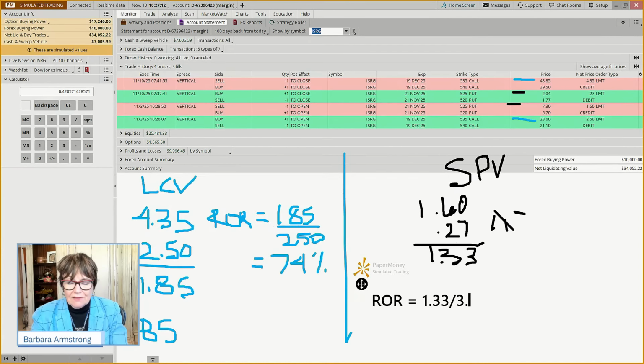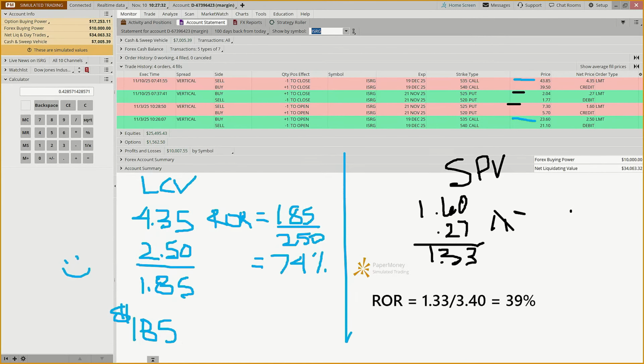So we were risking 340. And so that came out to 39%. And again, happy camper status on that. Base hit. Somehow my drawing tool doesn't want to play nice, so I can't do the happy face. But those worked out nicely.